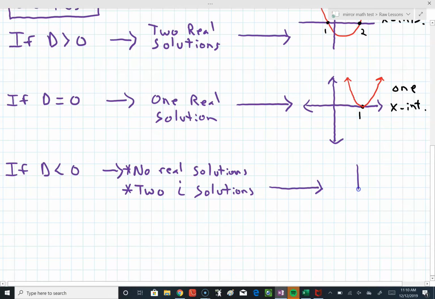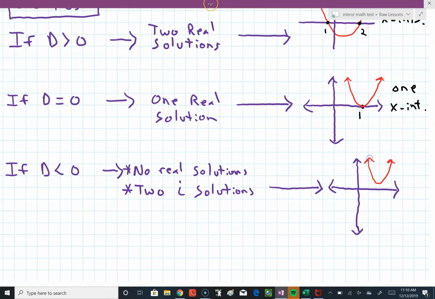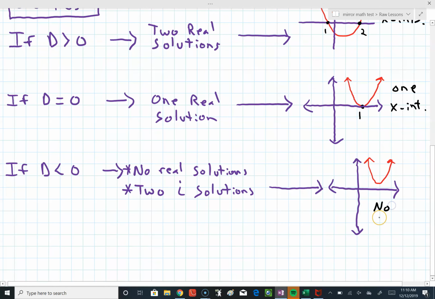Graphically, this will be no x-intercepts. No x-intercepts.